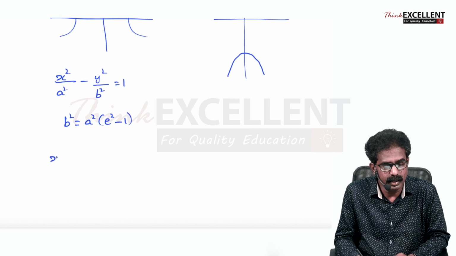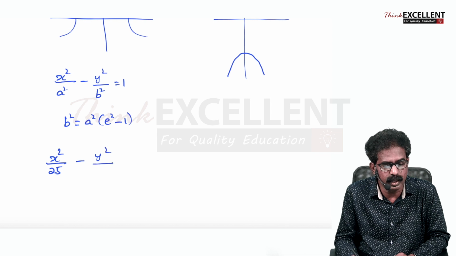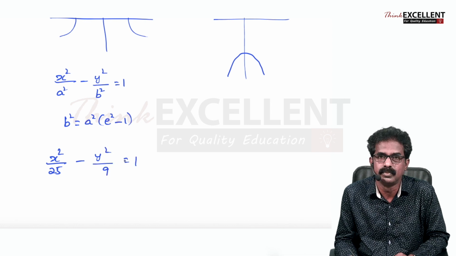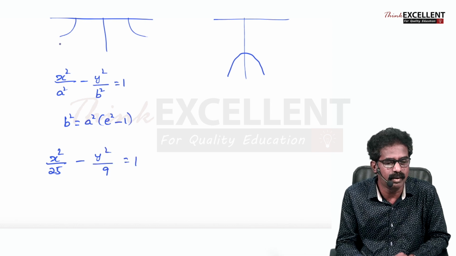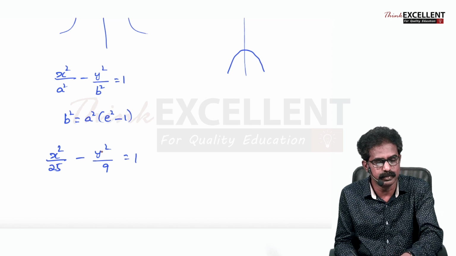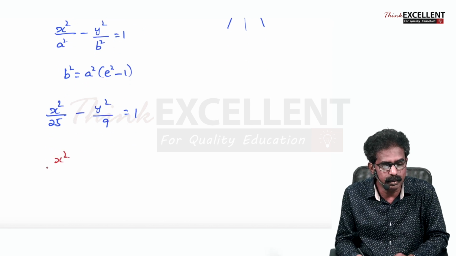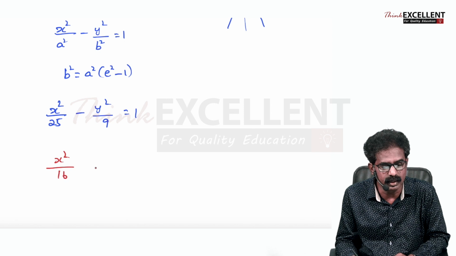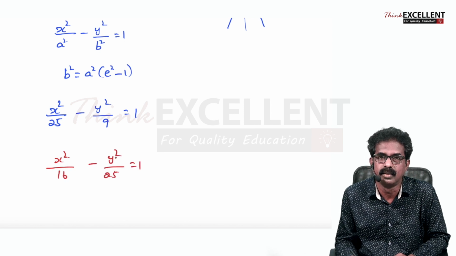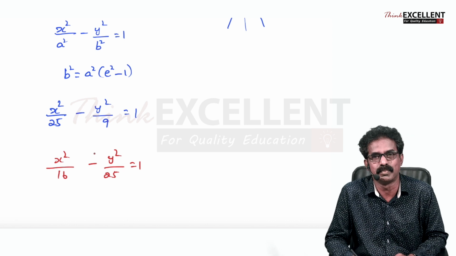X square by 25 minus y square by 9 equal to 1. This is hyperbola of the first type. X square by 16 minus y square by 25 equal to 1. This is hyperbola of first type only.